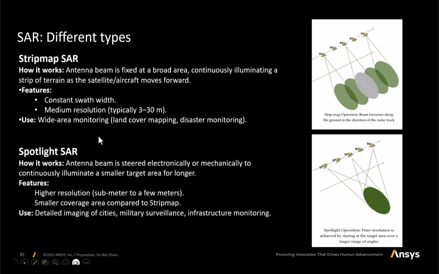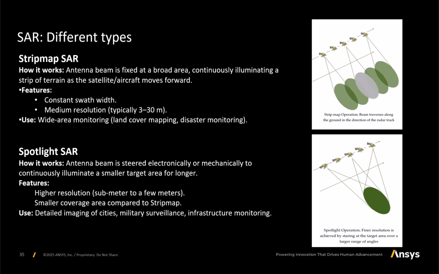The problem with strip map SAR is that the resolutions are typically 3 to 30 meters. If somebody wants a high resolution image of a particular area, they use Spotlight SAR, where a gimbal or a phased array is equipped, and during the flight path of your aircraft or satellite, you are always pointing at one particular location. So I point here, first pulse, second pulse, third pulse, up to n pulses, always illuminating this particular area.